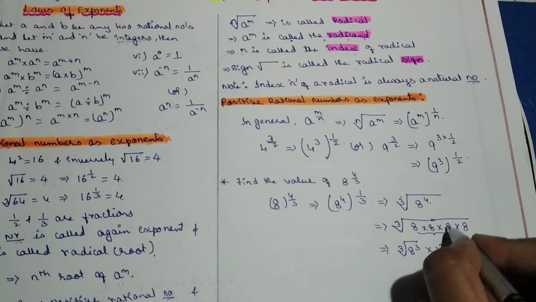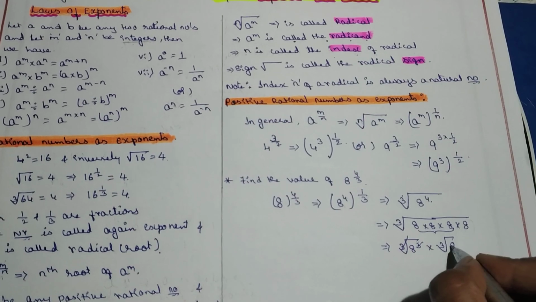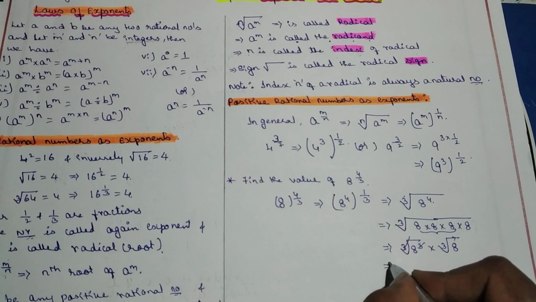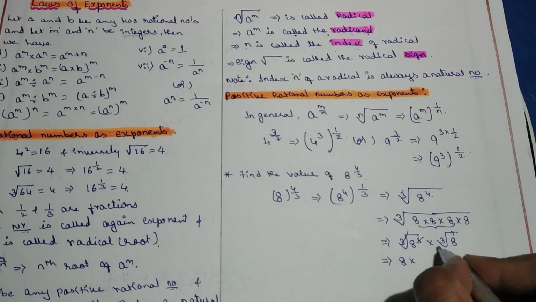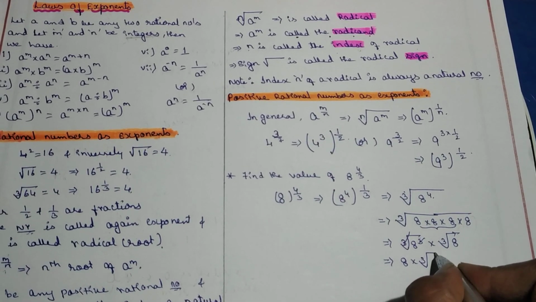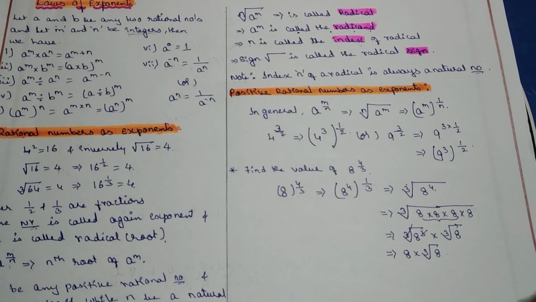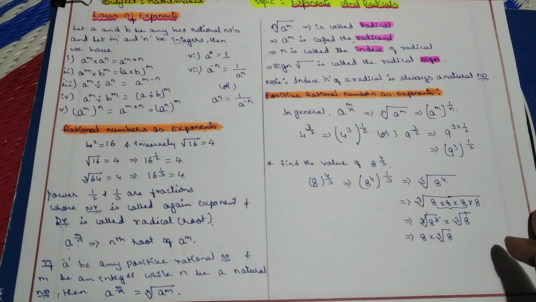When it is in triplets, it is nothing but a perfect cube. So the cube and cube root cancel. Here the remaining 8 is not a perfect cube, so leave it as it is. So 8 into the cube root of 8. This is the answer, children, and this is how we need to solve when the exponent is in the form of a positive rational number.